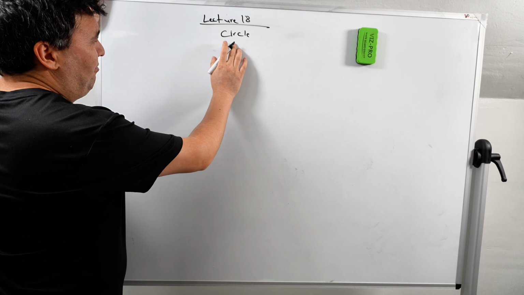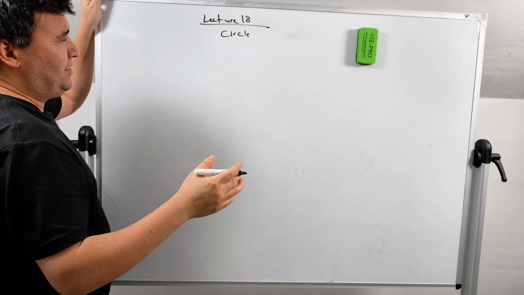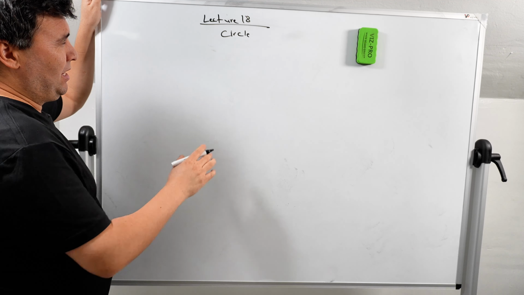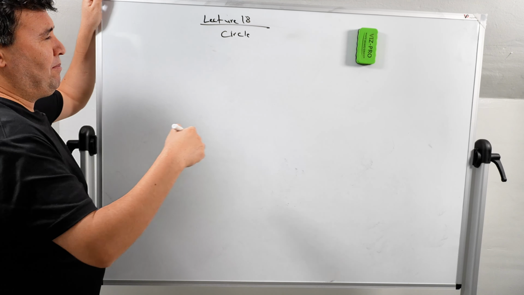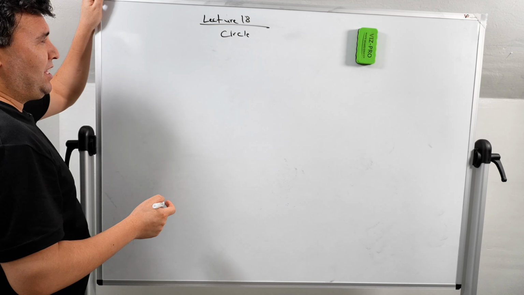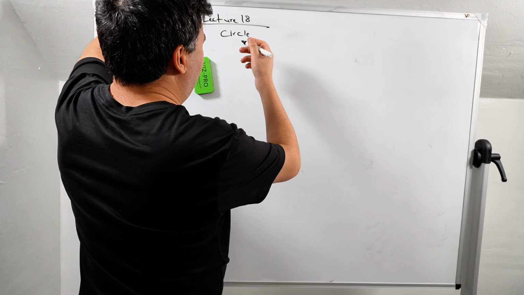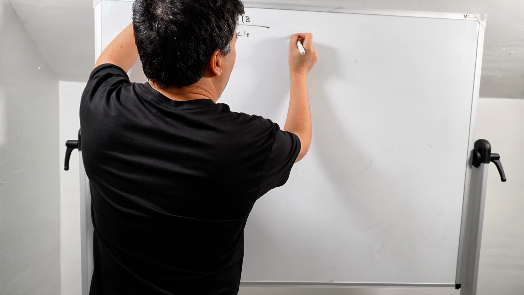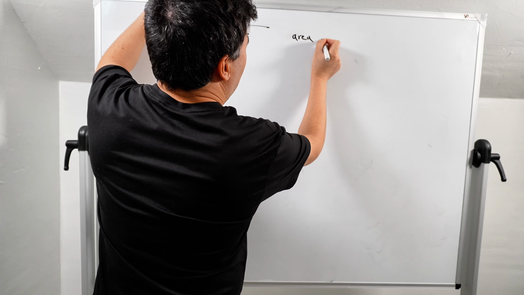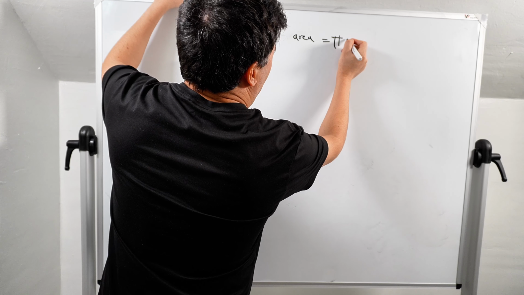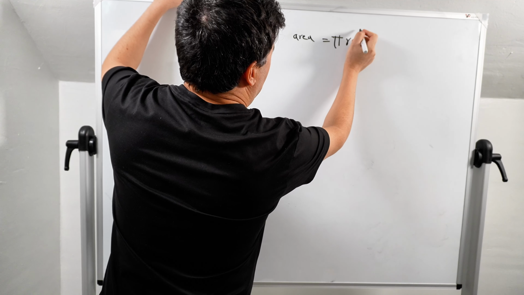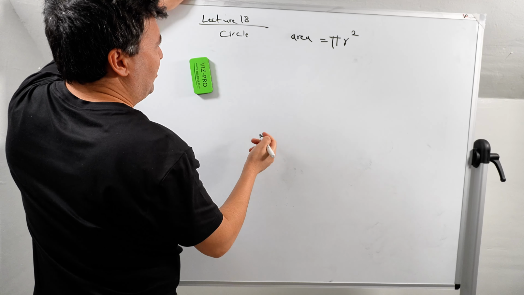Our objective is to write a simple program in C++ to calculate the area and perimeter of a circle. First, let me give you the formula for the area of a circle. The area of a circle is equal to pi times radius squared, which I represent by r squared.